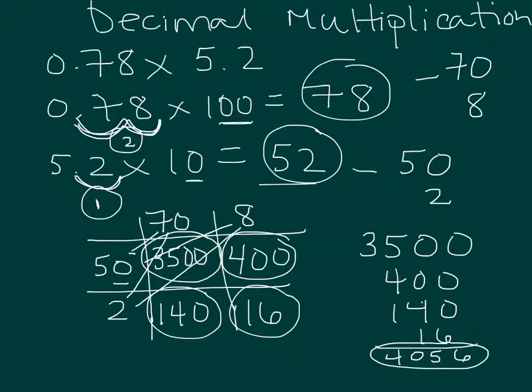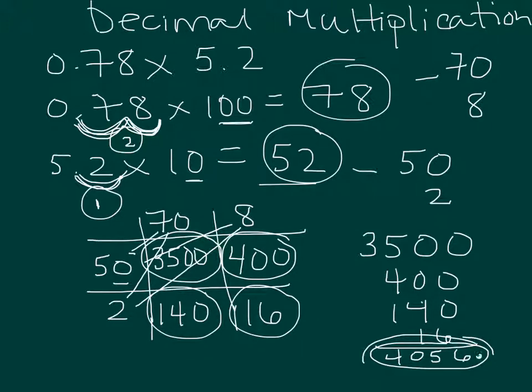So when we have the number 4,556, down here, you just add in the decimal places, and you're going over 3 times, because with 78 hundredths and 5 and 2/10, in total, we move the decimal place over 3 times. So that's what you have to do to your final answer.